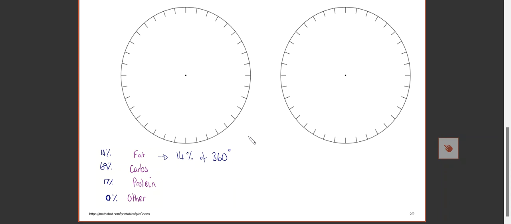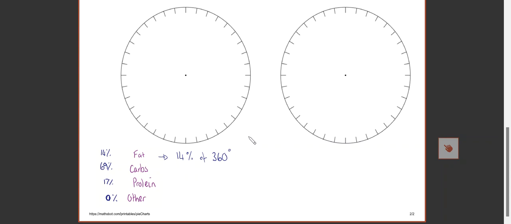How do we work that out? Divide, or divide by?